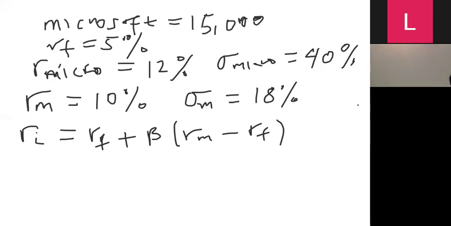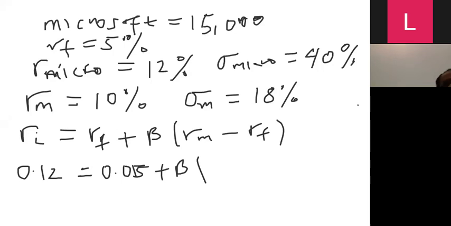So I can say RI is equal to 0.12, which equals RF, which is 5%, 0.05, plus beta into bracket RM, which is given as 10%, 0.1, minus 0.05.